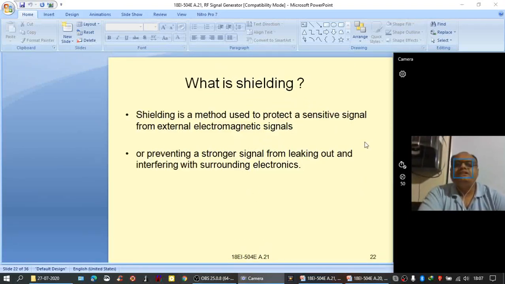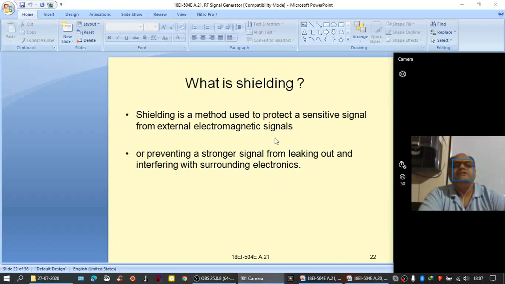Then, what is shielding? Shielding is a method used to protect a sensitive signal from external electromagnetic signals, or preventing a strong signal from leaking out and interfering with the surrounding electronic components.